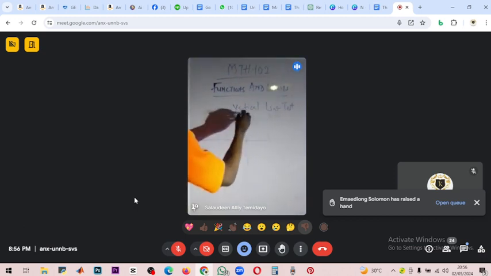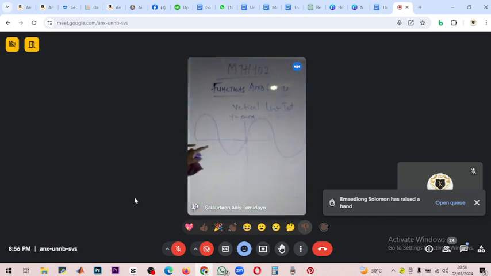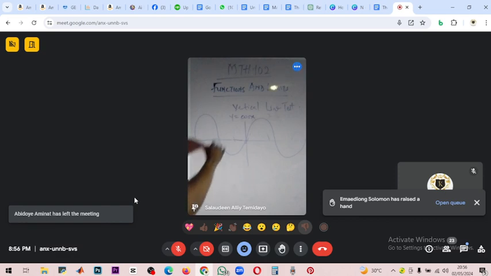Graph of y equals cos x, the cosine function of x. The graph is like this. It is coming from the top like this. This is how the graph of the function cos x comes. Just a little bit different from the graph of sine x because this one is coming from the top, that one is coming from down.